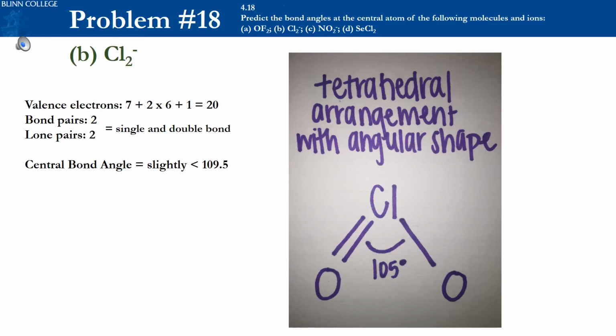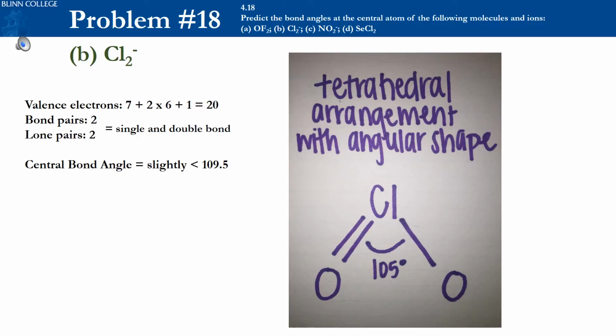Okay, so part B, we have ClO2 with a negative charge. This is also a tetrahedral arrangement with angular shape. We know that from the hybridization, which was sp3. Since we have 2 bond pairs and 2 lone pairs, we're going to have a single bond and a double bond with oxygen.